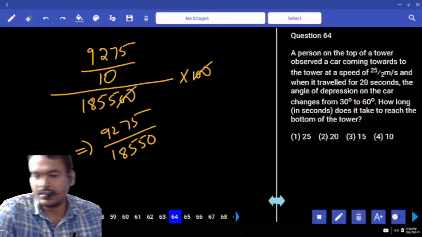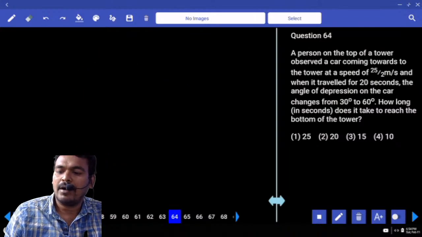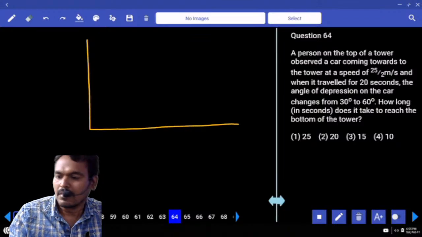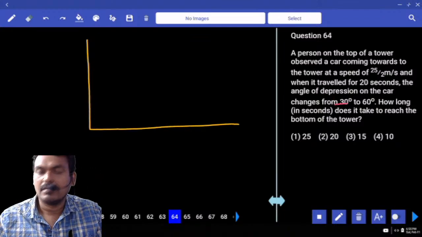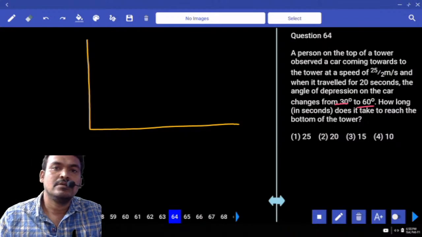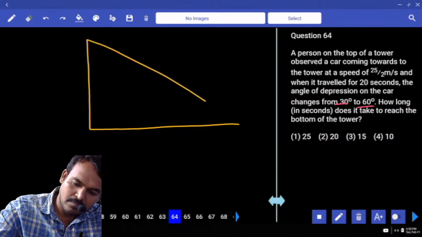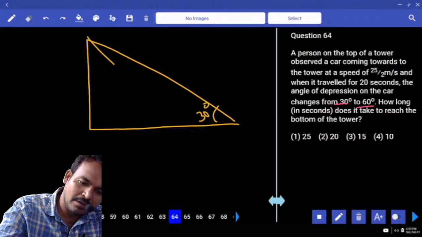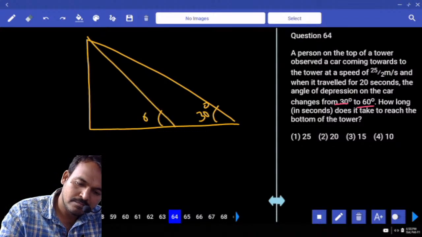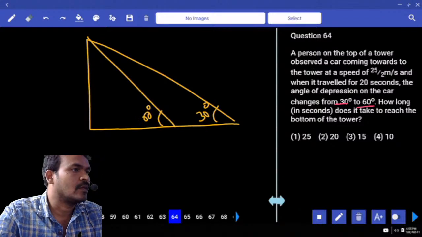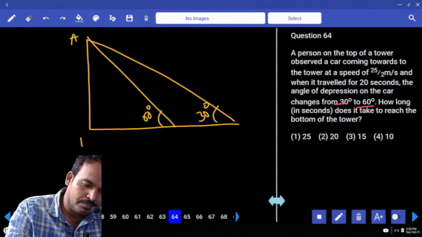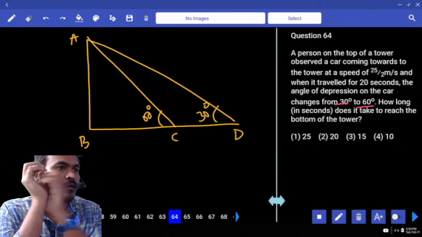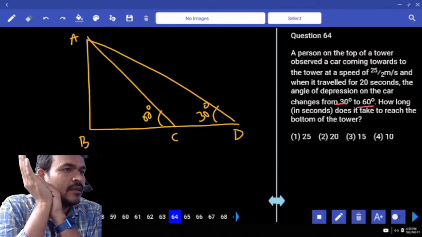Okay. First, a person on the top of a tower observed a car. First time how many degrees? 30. Second time 60. Okay, A, B, C, D. What are the angles given? 30 and 60.